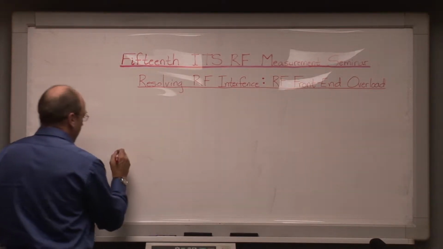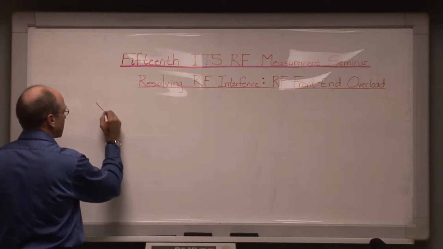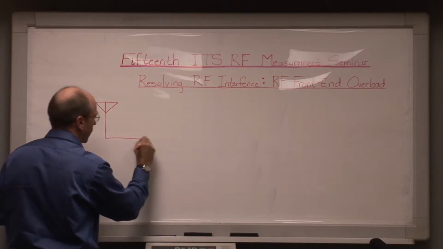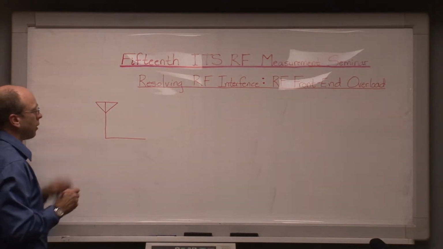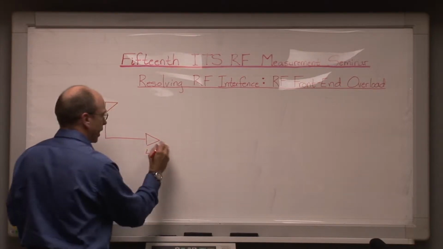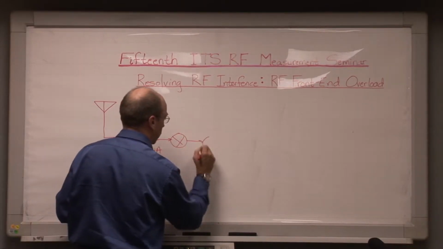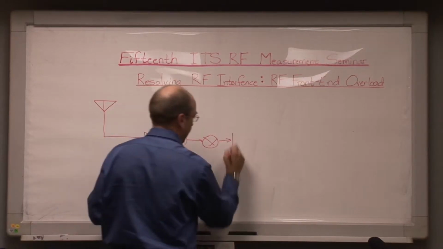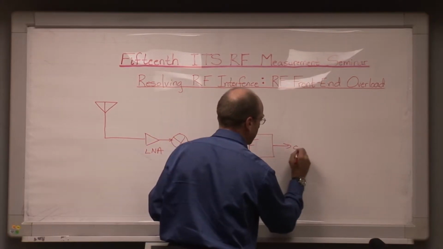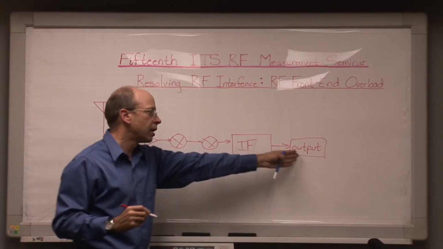So the problem arises typically and almost always when someone builds a communication or a data transmission system which involves an antenna which goes into a low noise amplifier, and the low noise amplifier then goes into, at some point or another, typically one or more stages of down conversion, and then goes into the intermediate frequency stage and then produces some sort of output.